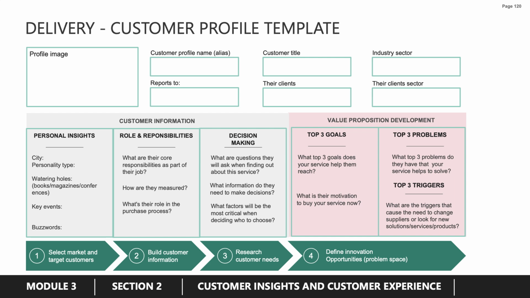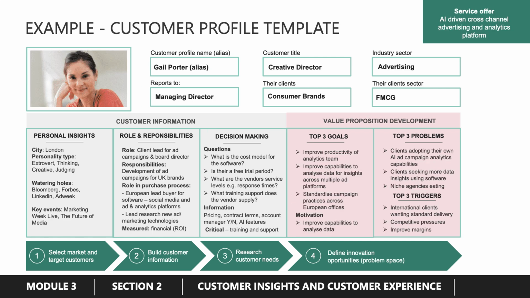Secondly, we want to understand what their problems are. What problems do they have that they're trying to solve? Also, what we need to understand is, what are the triggers? What's actually causing them, at this particular moment, what's driving the need to change potentially? And that's where we can define innovation opportunities.